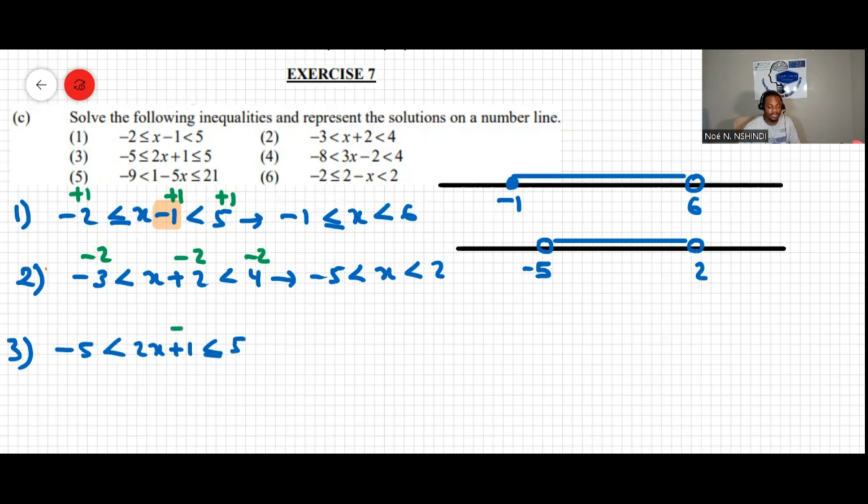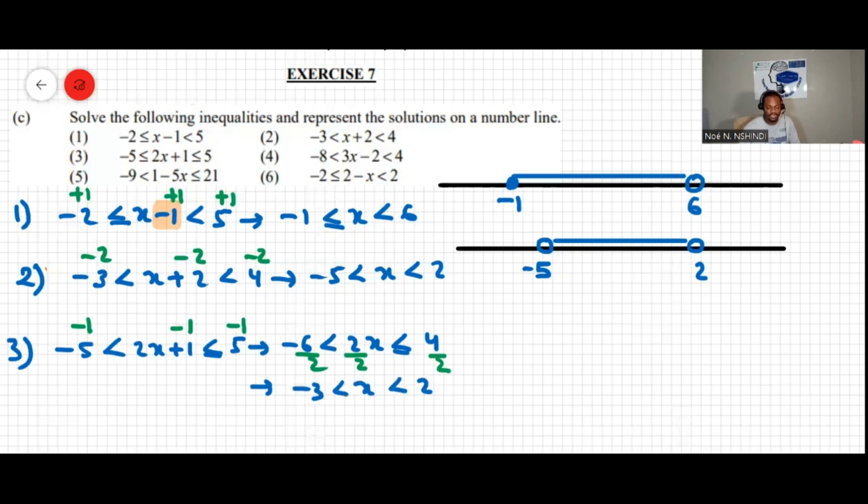So subtract 1, subtract 1, subtract 1, then this will become -6 less than 2x less than or equal to 4. Then what we can do over here, I'll divide by 2, divide by 2, divide by 2. This will make -3 less than x less than or equal to 2.